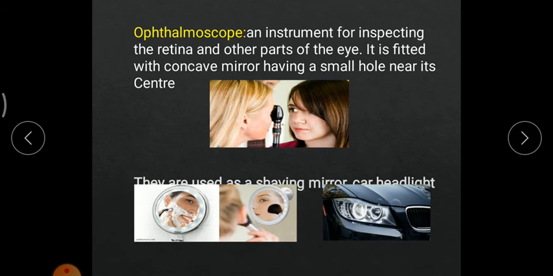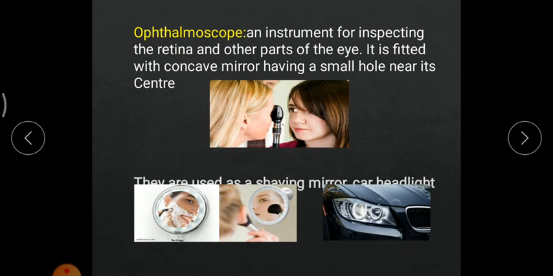Now, the other application of the concave mirror is the ophthalmoscope. What is this? An ophthalmoscope is an instrument which is mainly used for inspecting retinas. The retina is there in our eyeball. Whatever defects we have, one can detect with the help of an ophthalmoscope.